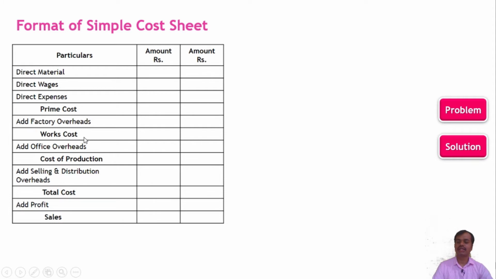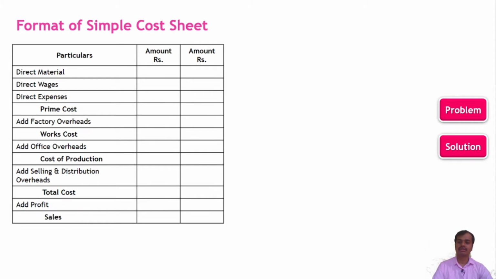Then we get work cost or factory cost. Then we add office overheads, and after adding office overheads, we get the cost of production. To the cost of production, we add selling and distribution overheads, and after adding the selling and distribution overheads, we get the total cost.